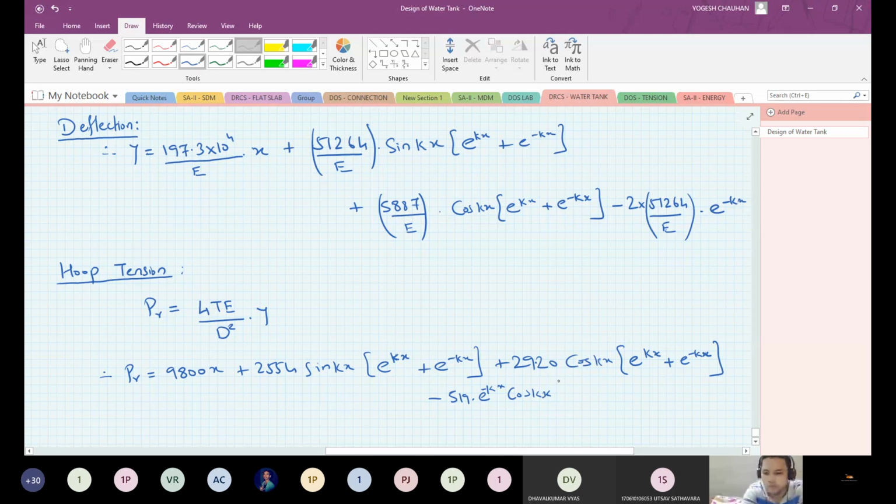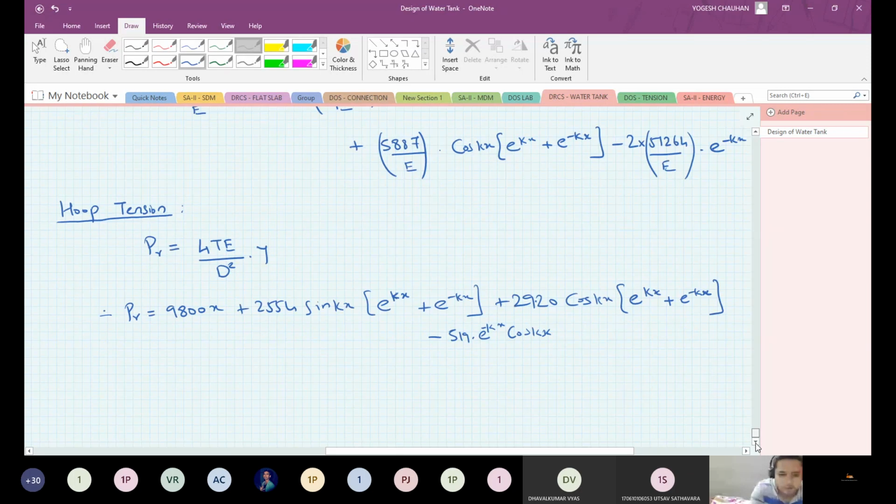So this is the value of the PR, and similarly you can find the value of moment of resistance. The moment at any section x is minus EI d square y by dx square.